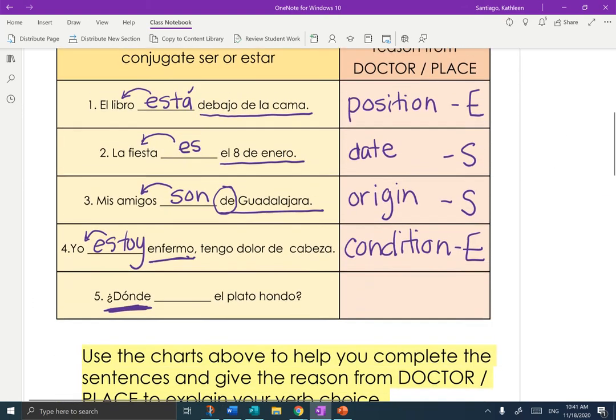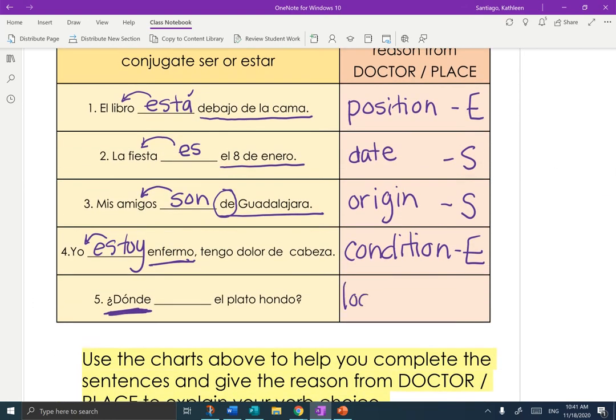So this is going to be location, which means it's estar. So how many dishes? Plato hondo, how many bowls am I asking about? Just one. So it's dónde está el plato hondo? Where is it located? Okay, so that is the classwork to practice what to do with this type of page.